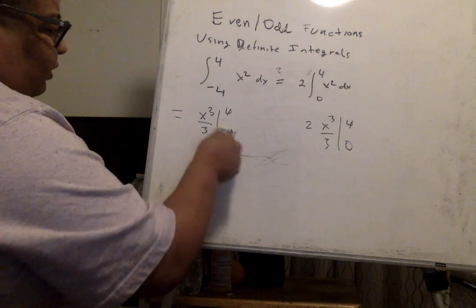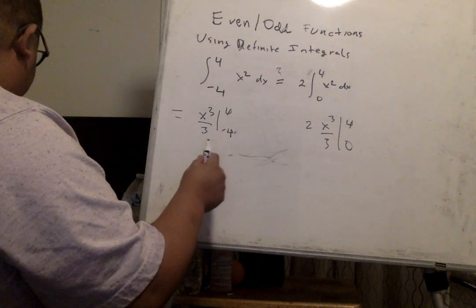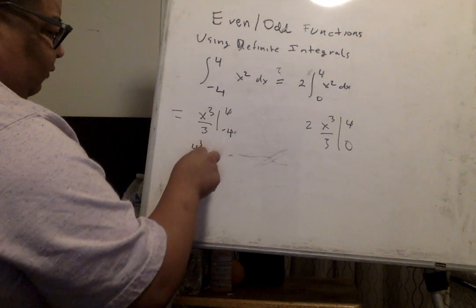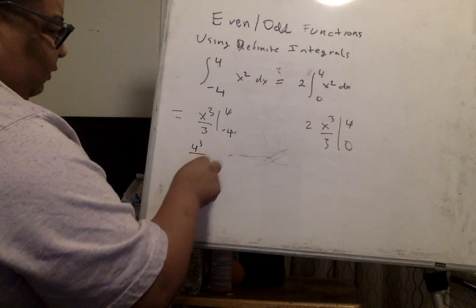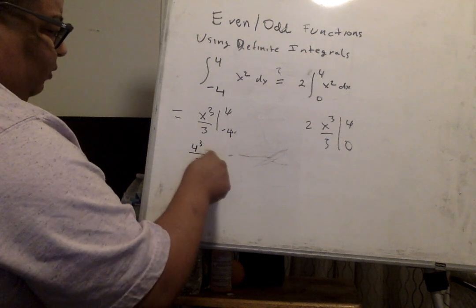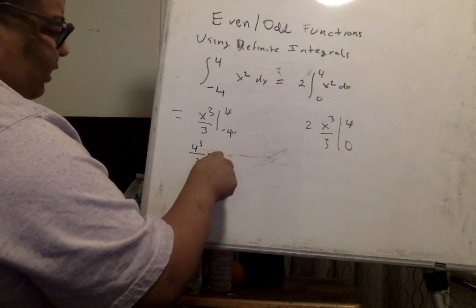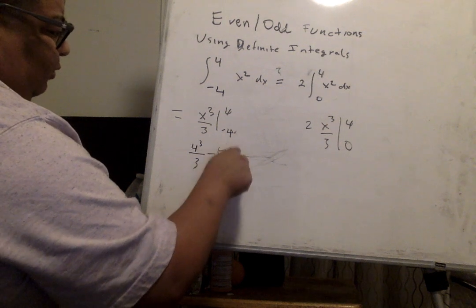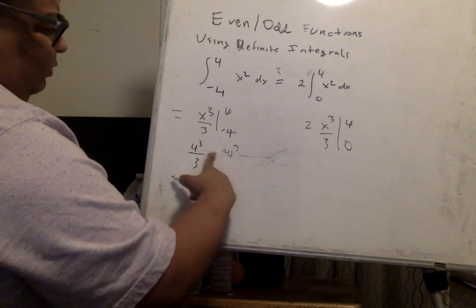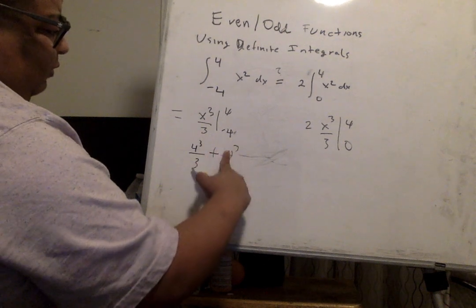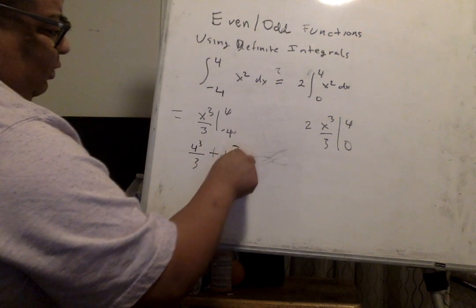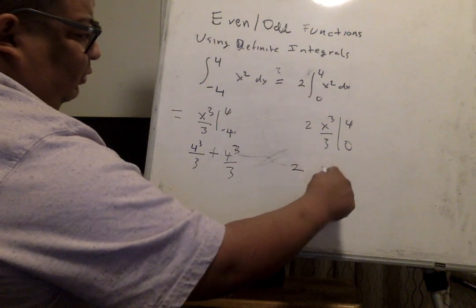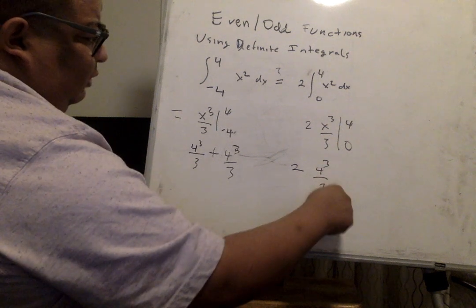Alright, so now, if we do that calculation, that's going to equal 4 cubed over 3, minus, but because we're going to do minus 4 cubed it becomes negative, so this whole thing becomes positive 4 cubed over 3, and here becomes 2 times 4 cubed over 3.